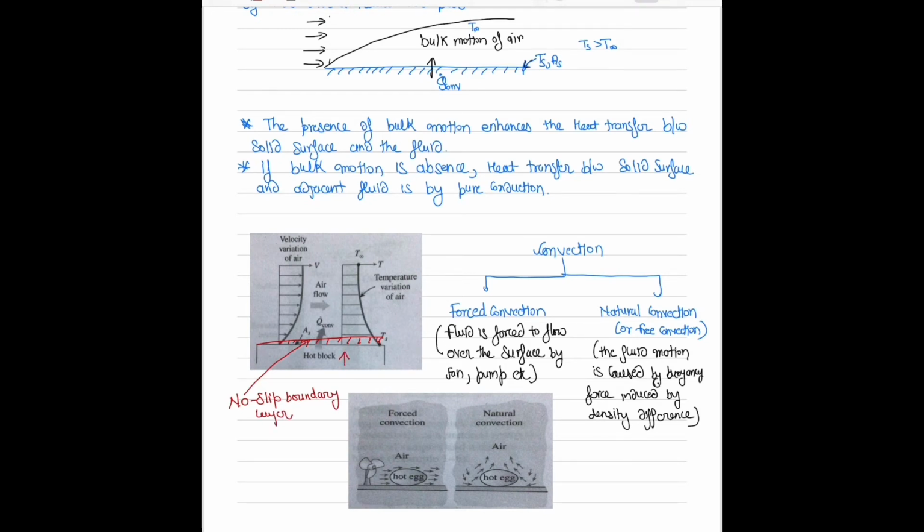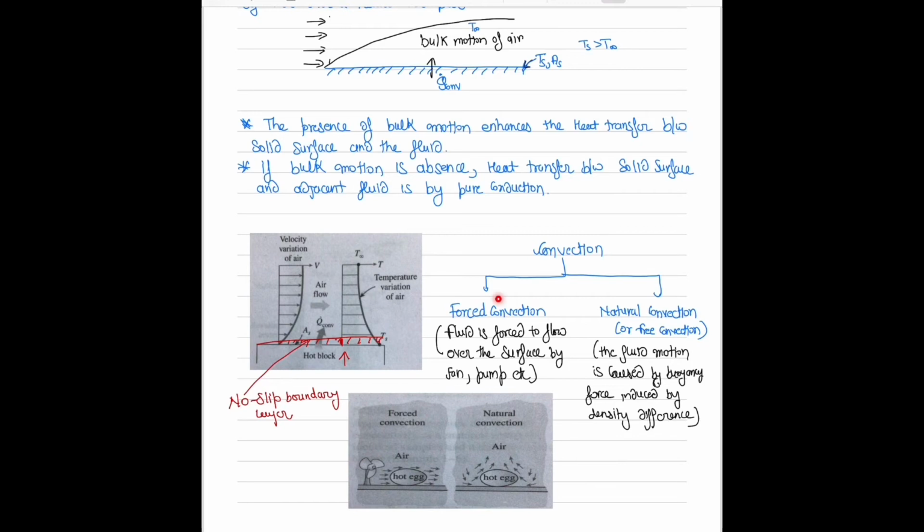So the heat from the hot block is first conducted through this no-slip boundary layer and then it is convected to the air. We will learn more about this phenomenon when we talk about convection in more detail in the upcoming lectures.